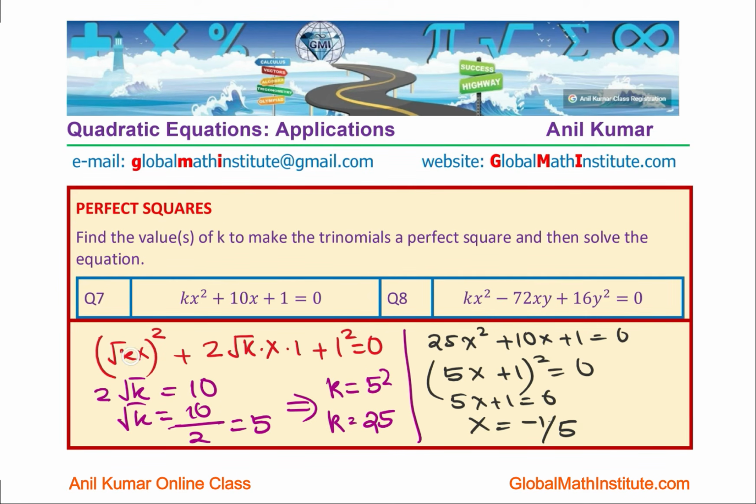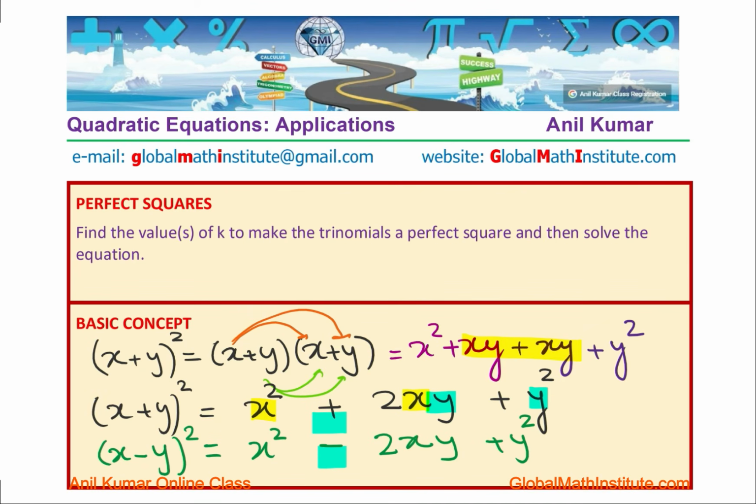Square root of k whole square, right? And the center term being 2 times a, b, and so you get your solution. So I hope this concept is clear. So once again, we began with the concept.